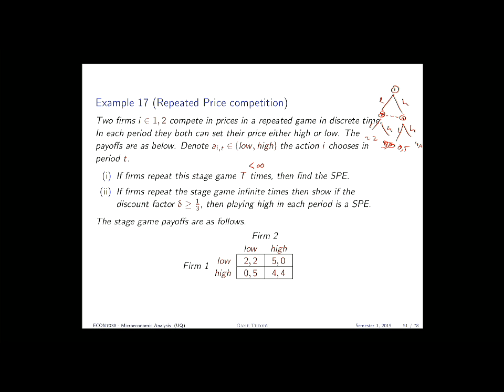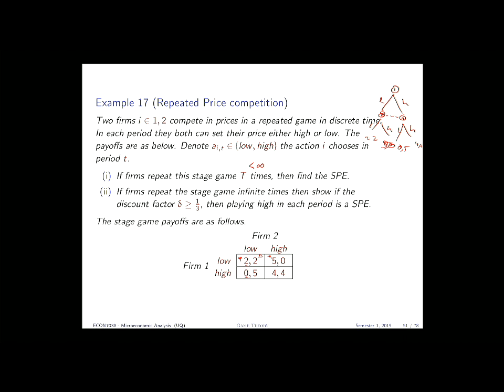Let's derive the Nash equilibrium of this game in one shot. If player 2 plays low, what's the best response of player 1? To play low, because 2 is larger than 0. If player 2 plays high, the best response of player 1 is to play low. If player 1 plays low, the best response of player 2 is to play low.